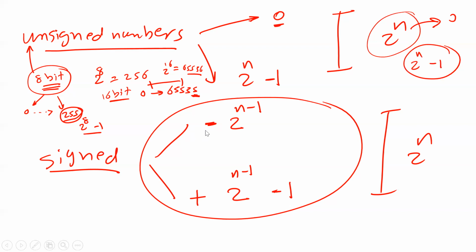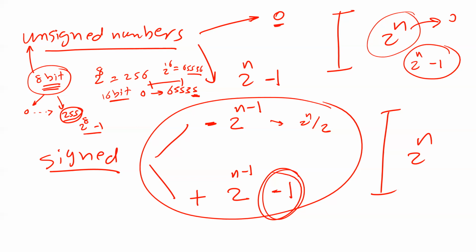So this one is going to go until minus 2 to the n minus 1, which is, by the way, maybe some of you are confused, 2 to the n divided by 2, but this is another way to represent it. So half of the space is going to go to the negative, and half minus 1 is going to go to the positive. What does this mean? Again, I cannot cut in half, so the negative should be 1 more. You get what I'm saying?